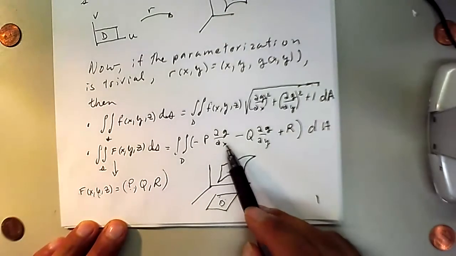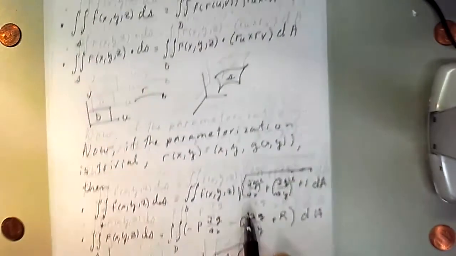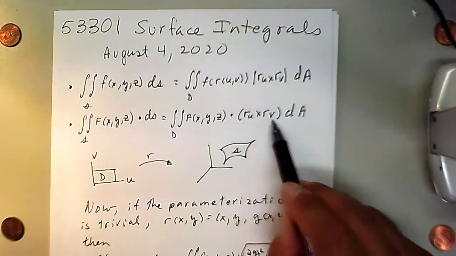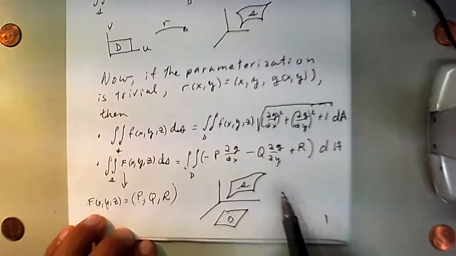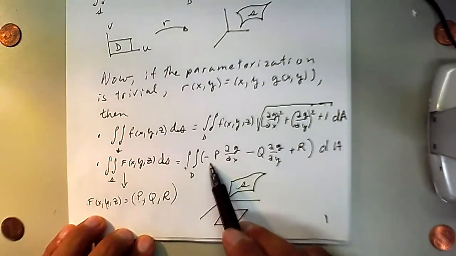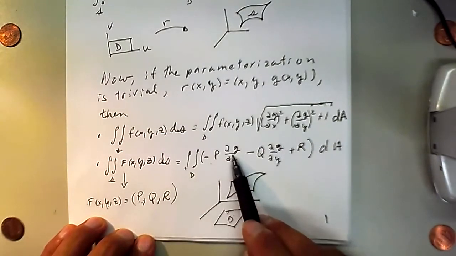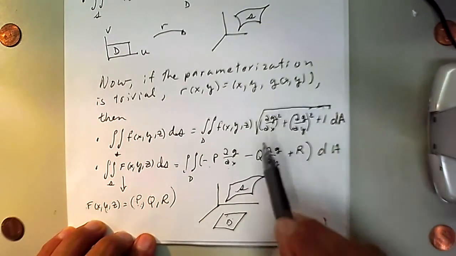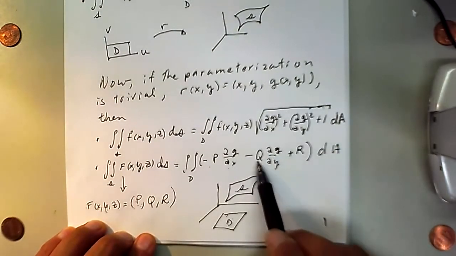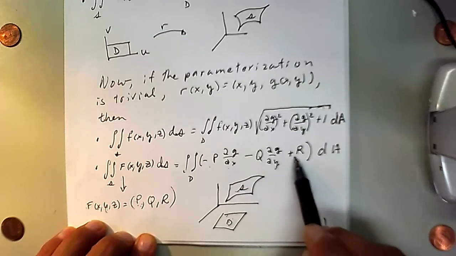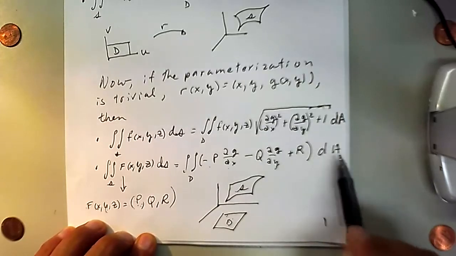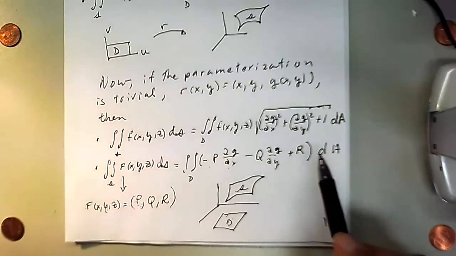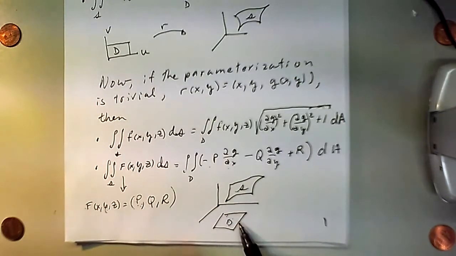And if you did the cross product, we would end up with exactly this: the opposite of P times the partial of G with respect to X, the partial of G with respect to Y along with Q, and then plus R, and then we would have the way to find the integral using this.